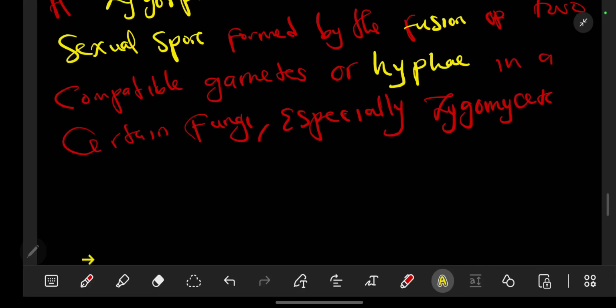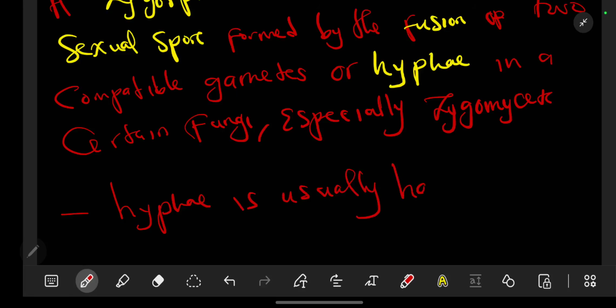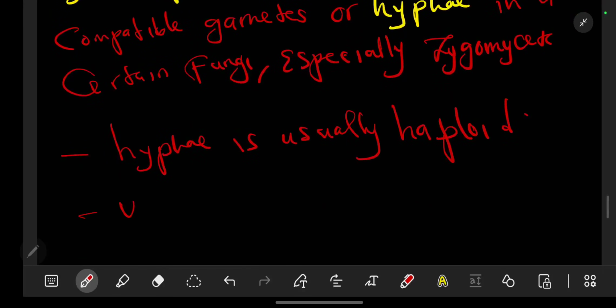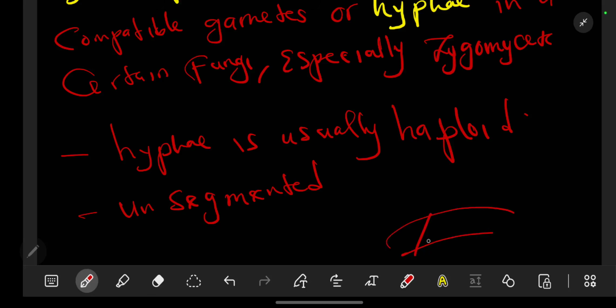The other characteristic is that the hyphae is usually haploid, meaning it contains half the number of chromosomes. They are also unsegmented. They do not have segments, that's the meaning.